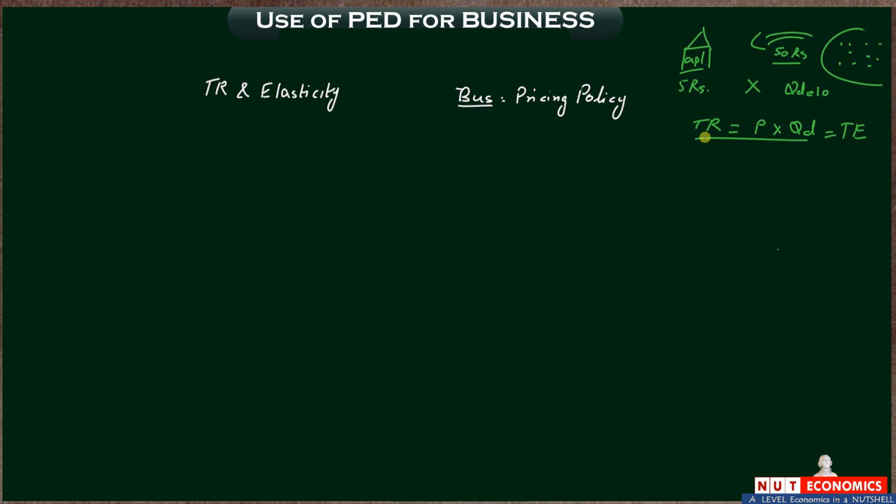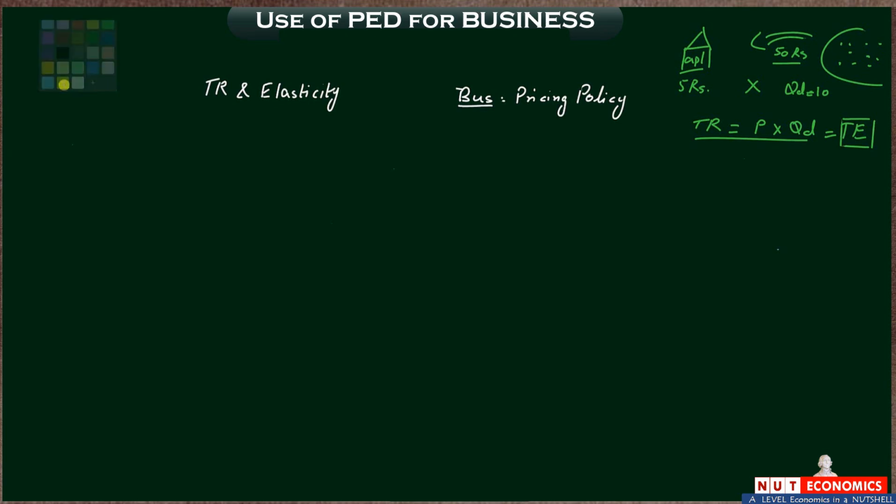So sometimes in the exams, just to confuse you, the examiner will use the terminology of total expenditure instead of total revenue. So don't be confused. We will do all the analysis by referring to total revenue, and if in the exams you see the word total expenditure, it means exactly the same thing.